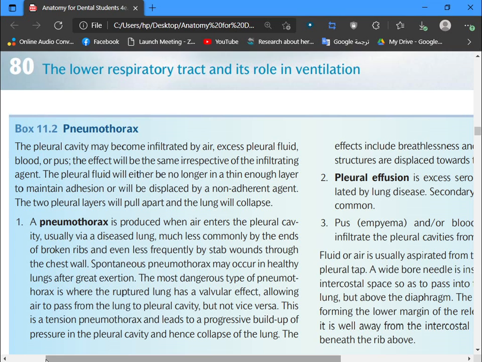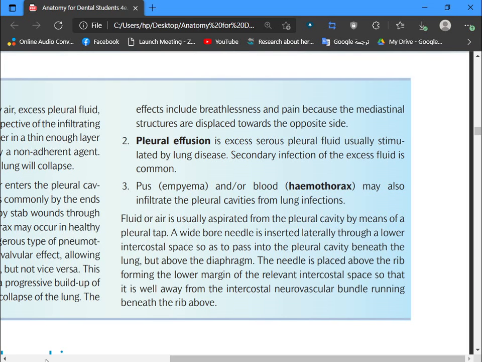This is a tension pneumothorax and leads to progressive buildup of pressure in the pleural cavity and hence collapse of the lung. Effects include breathlessness and pain because the mediastinal structures are displaced towards the opposite side.